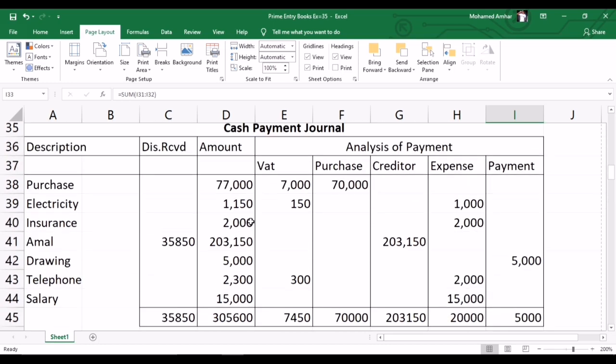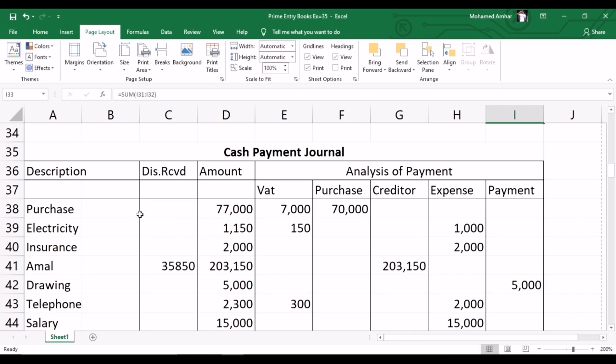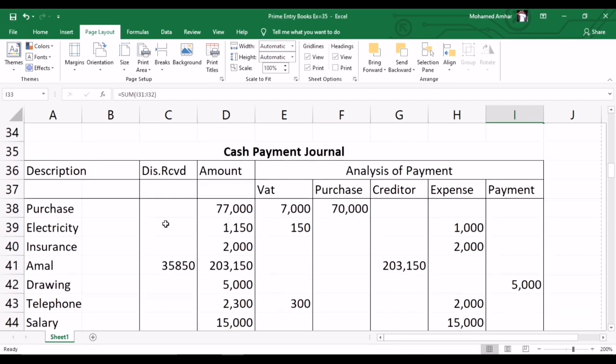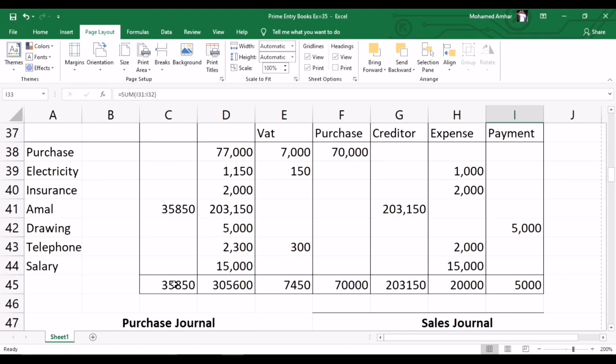Cash payment journal. In the cash payment journal, take the discount received column total. That discount is what we receive when we are paying money to a creditor.